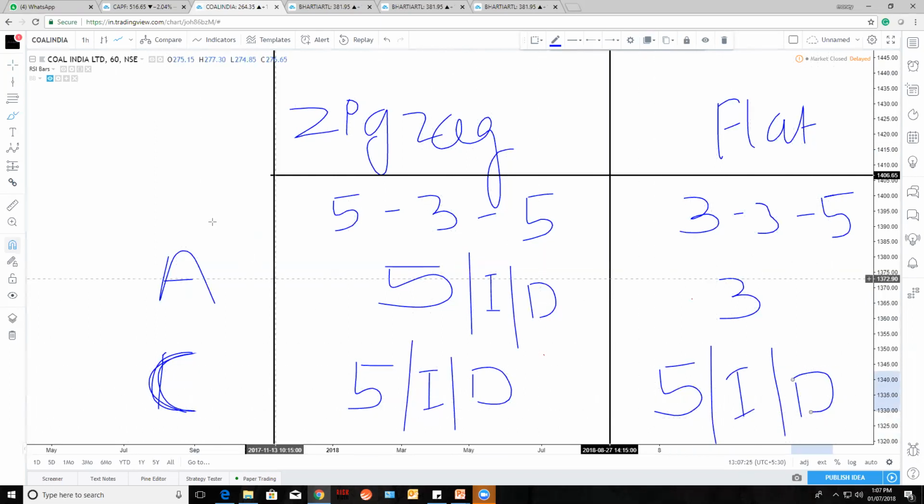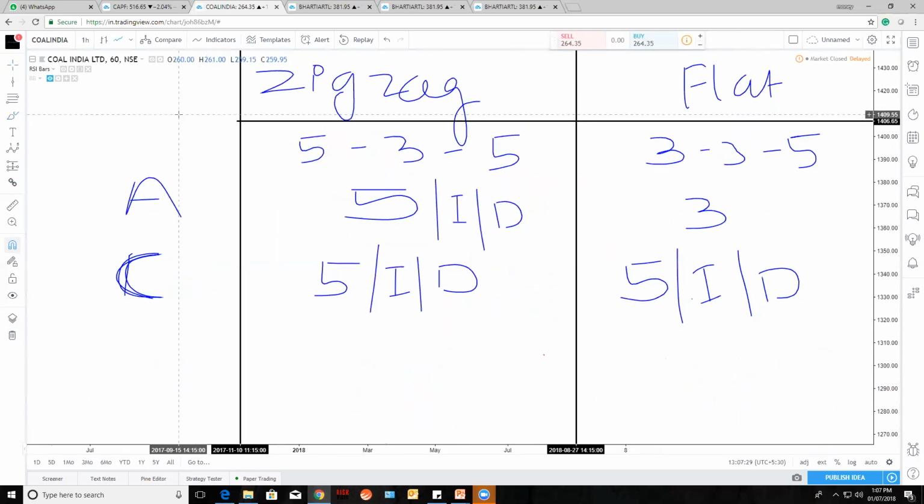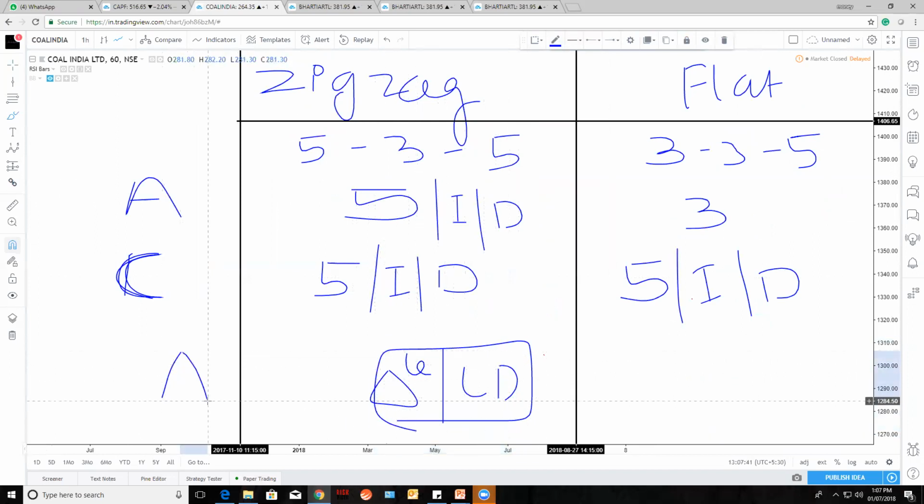Okay. And what is one more difference? Here, wave A can be a triangle or a leading diagonal, but in the other, wave A cannot be a diagonal.